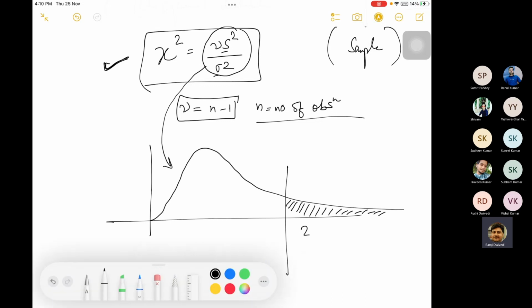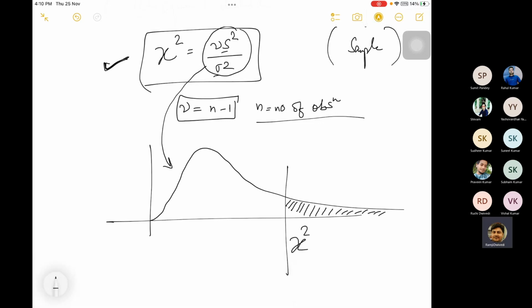So it is chi square alpha v. What is alpha? Alpha is a probability with which we are defining the critical value.